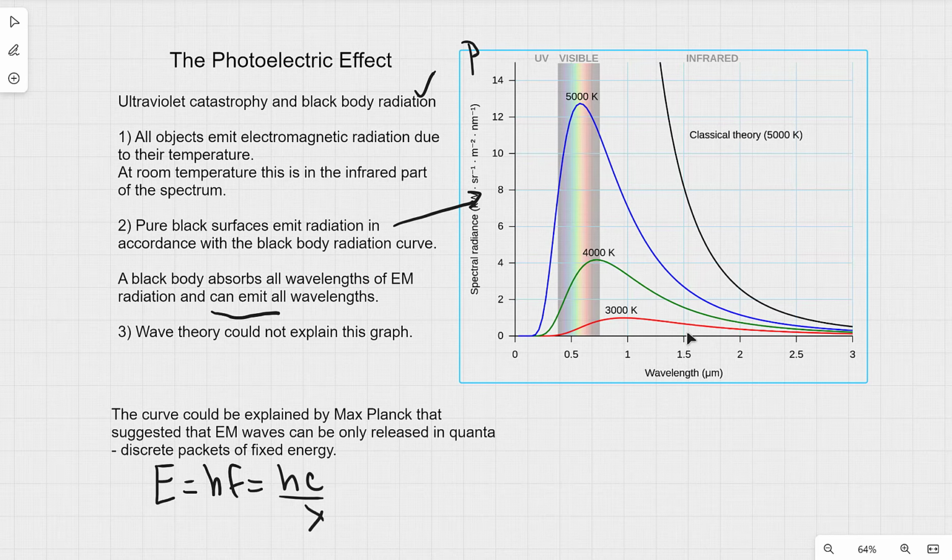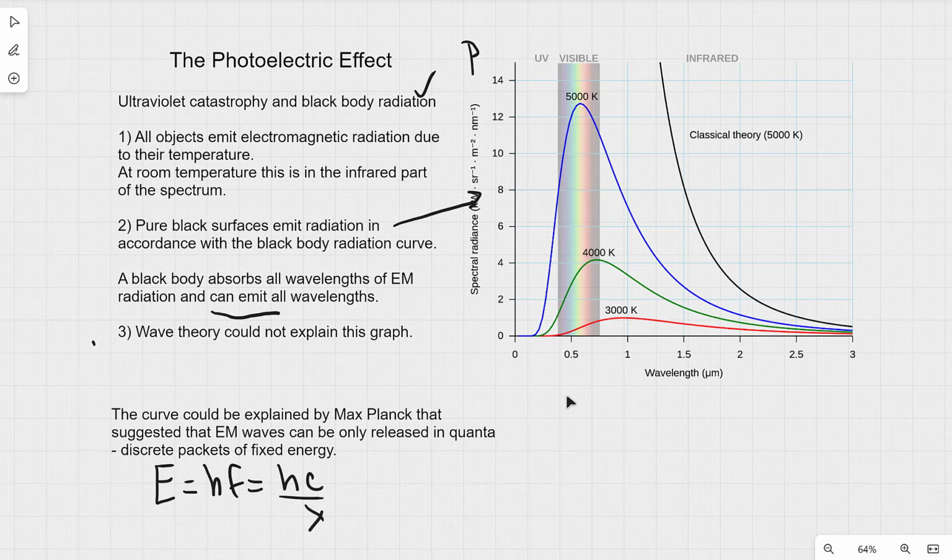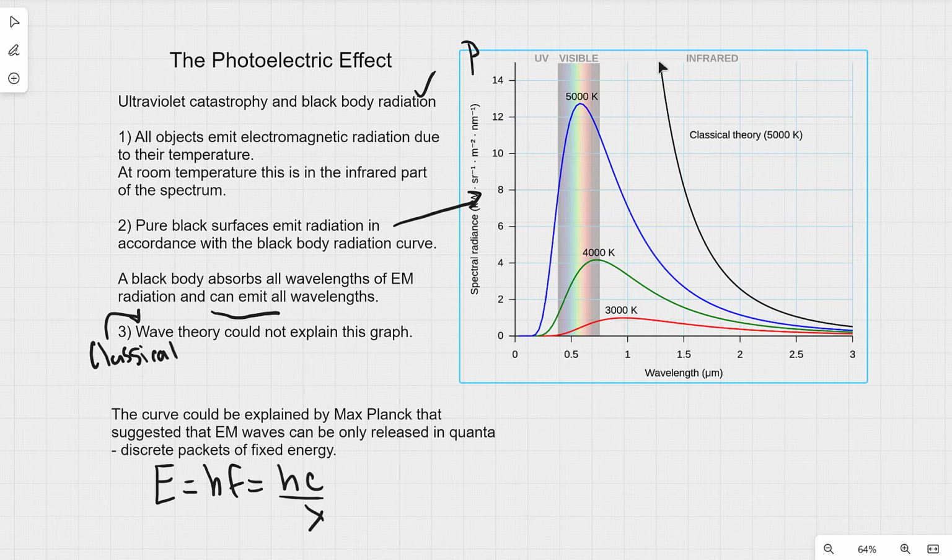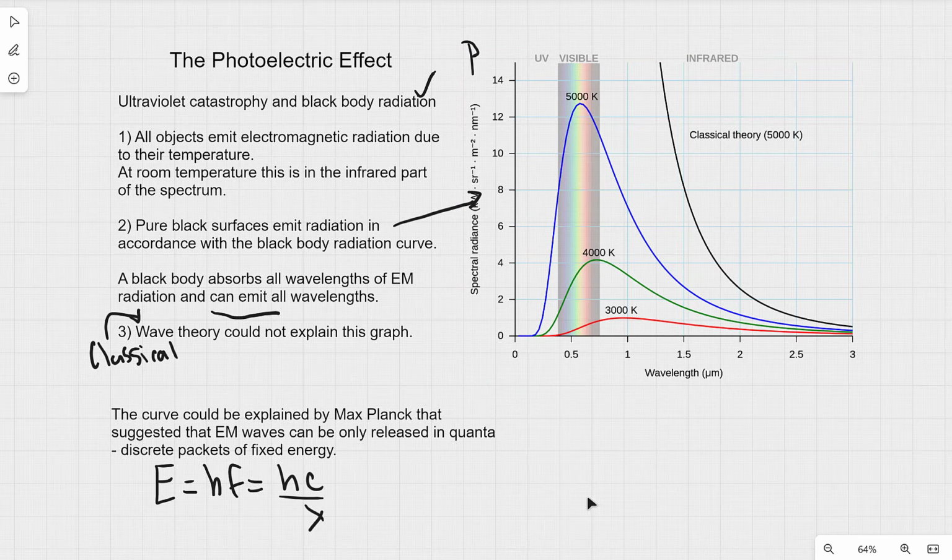Now, this curve could not be explained by classical wave theory. It predicted this strange peak across here, and this was essentially the curve that classical theory predicted, an infinitely high peak happening somewhere around the ultraviolet region.